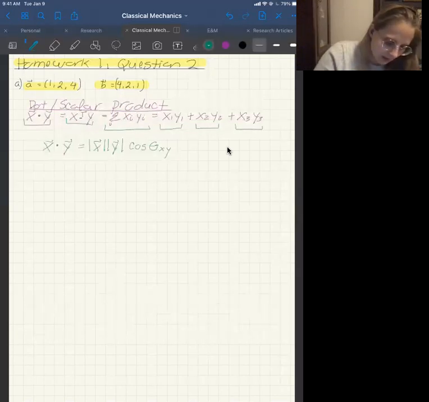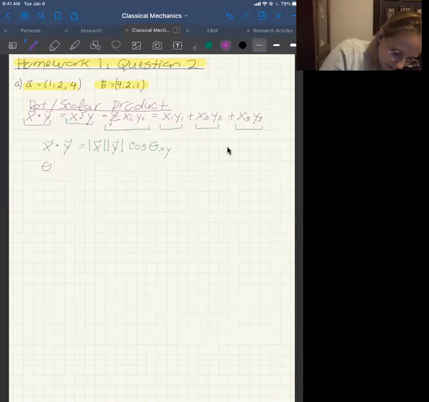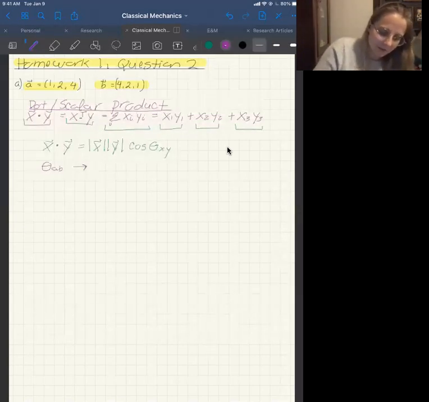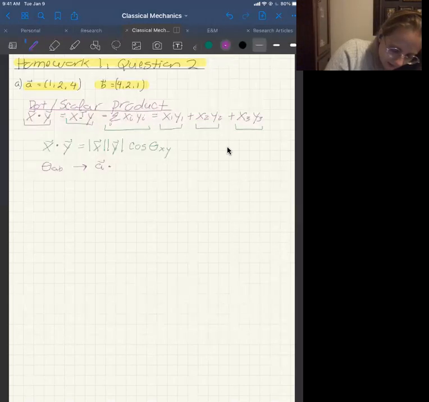So this problem wants us to find the angle between vectors A and B. We'll do that using the above formula. We have to take the dot product of A and B and set that equal to the magnitude of A times the magnitude of B times the cosine of angle AB.